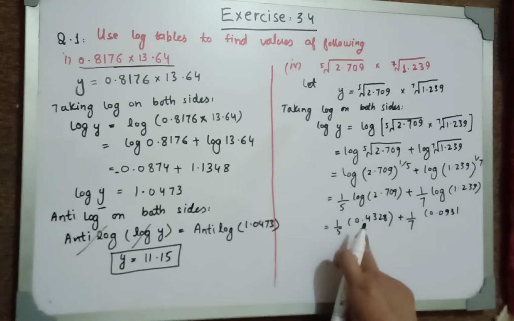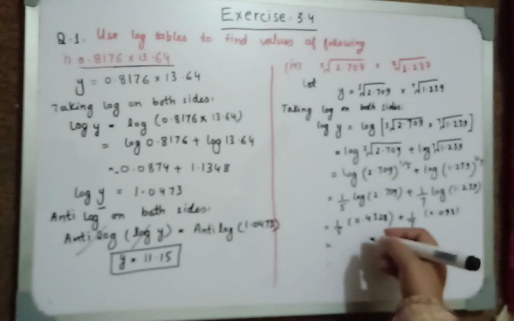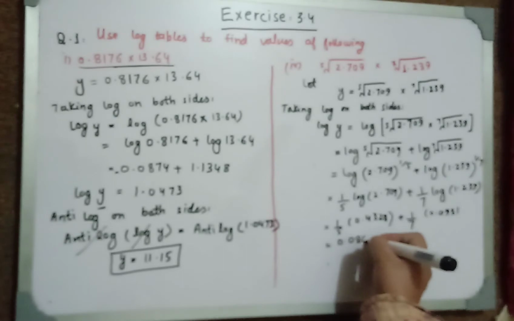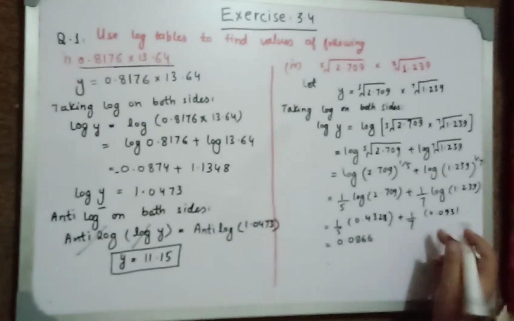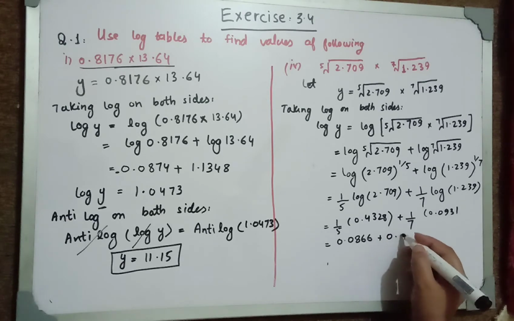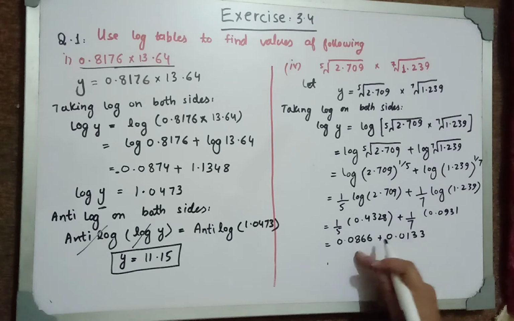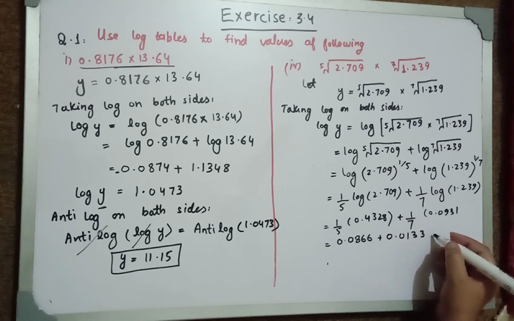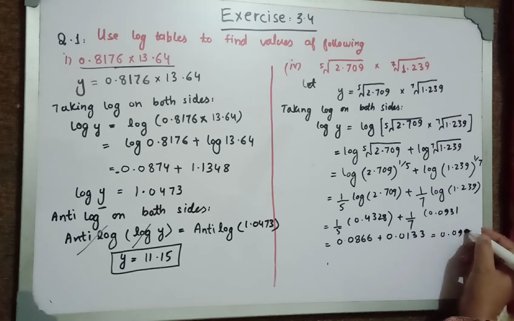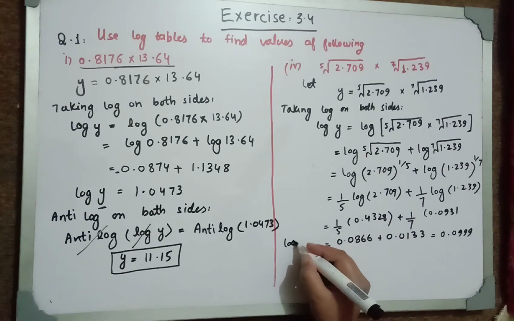Now we're going to divide this number by 5 and this number by 7, and you will get 0.0866, and by dividing this number by 7 you will get 0.0133, right? And then we will add both of these numbers and we'll get 0.0999, and this is equal to log of y.